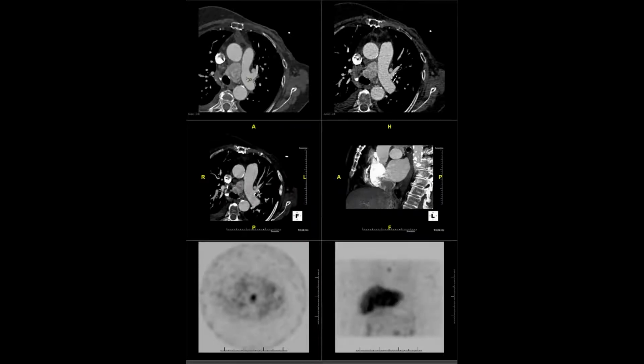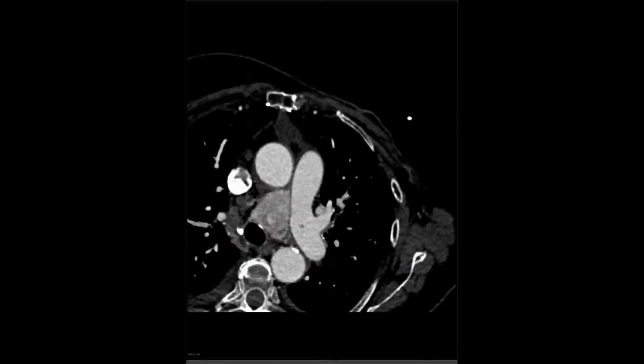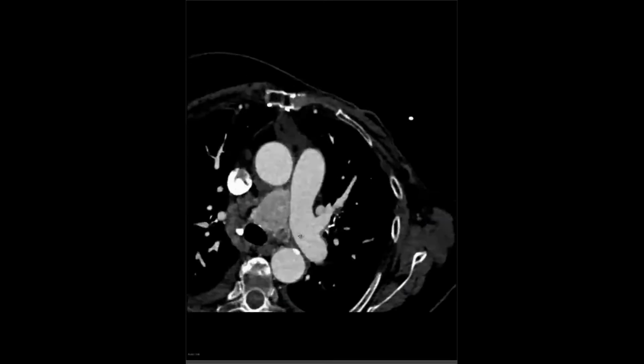This is the next TAVR planning CTA that I read from the same provider. What we can see here is this avidly enhancing mass in the AP window. And let me pull up, there we go. So this is the first phase of the study. This is the gated heart, and we see some salt and pepper.